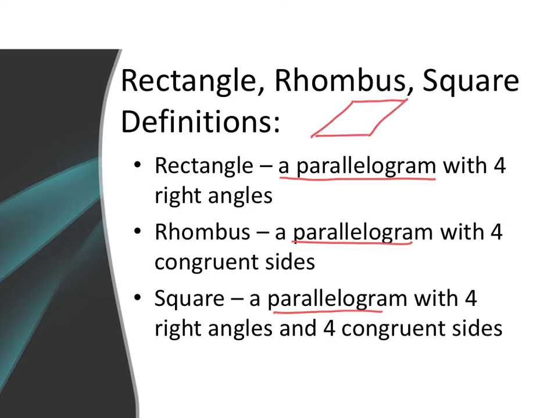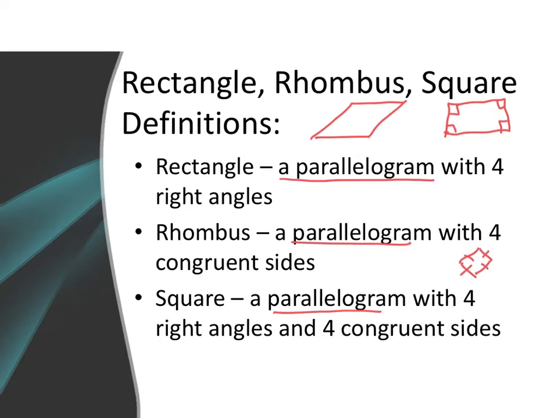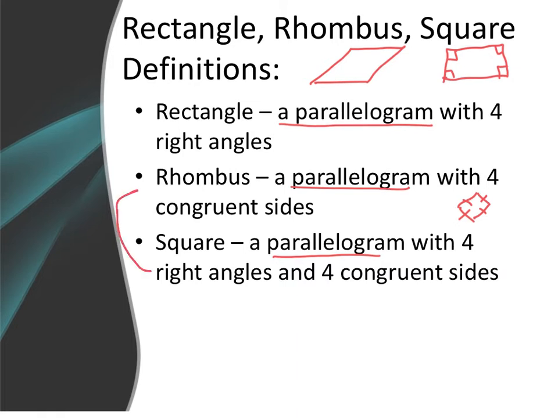But as soon as you straighten it up and add in the four right angles, then it becomes a rectangle. As soon as you instead have four congruent sides, then it becomes a rhombus. And then the square has everything a rhombus has and everything a rectangle has. So a square has four congruent sides and four right angles.